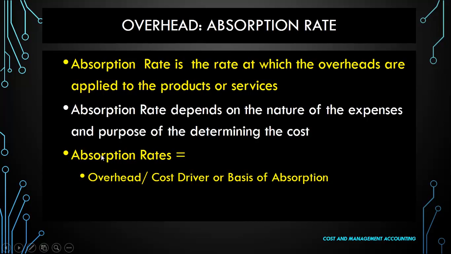Normally the absorption rate is determined by dividing budgeted overheads by the budgeted cost driver. The cost driver depends on the nature of the business and the nature of the expenses.